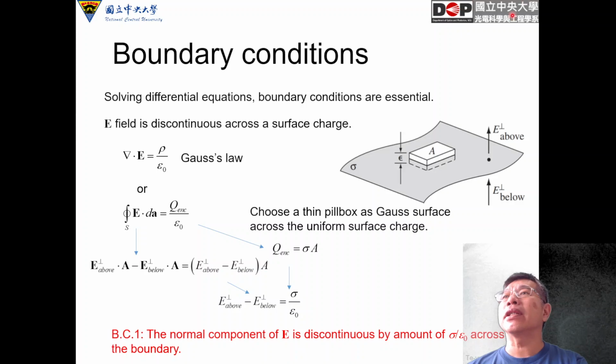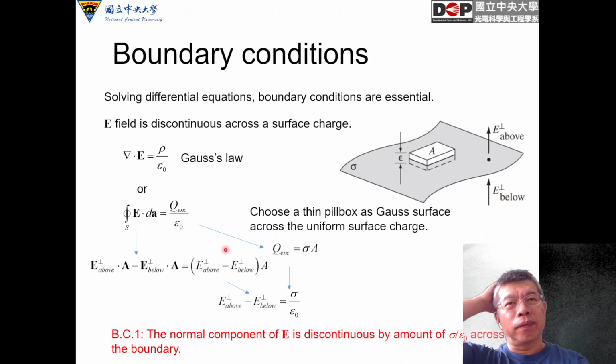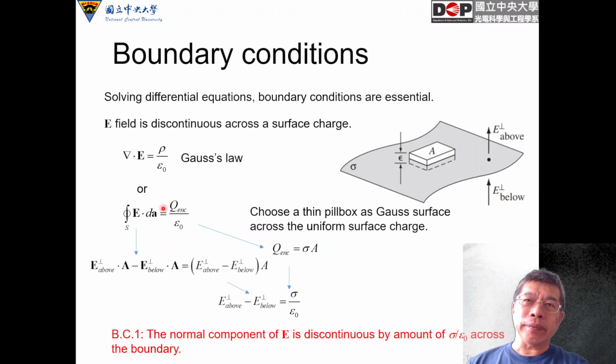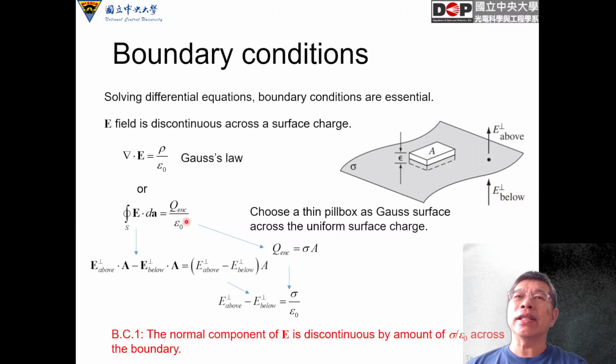Here the notation is we use perpendicular, because the electric field is pretty much perpendicular to the surface, and we say above and below. For the closed surface integral, since we consider an extremely thin box, we don't consider the sides, only the top and bottom surfaces.